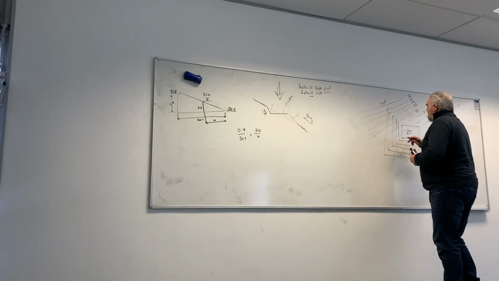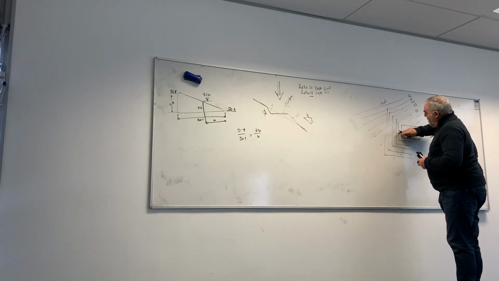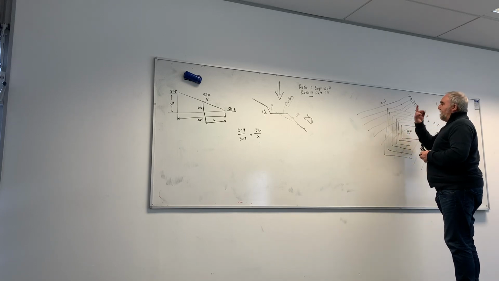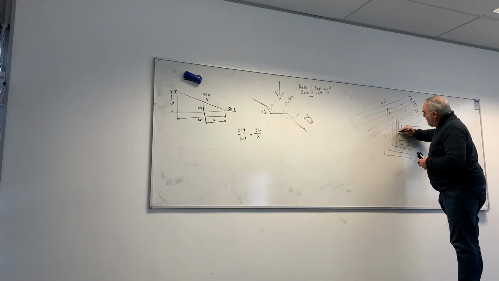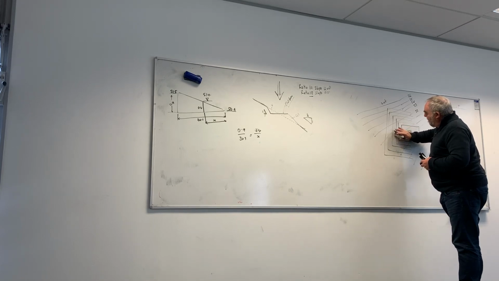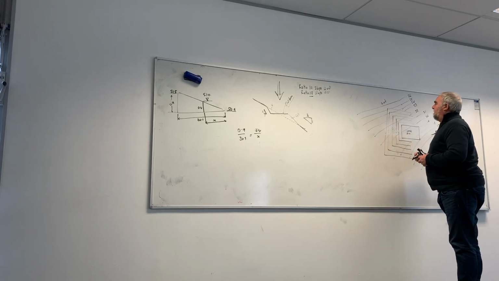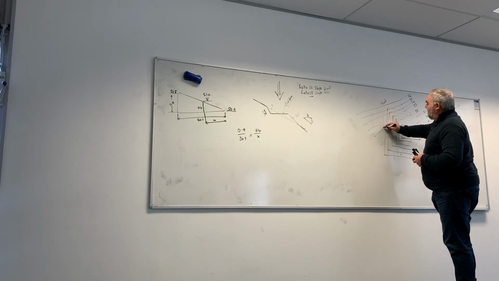So let's label them. We're going uphill, so 21, 22, 23, 24, 25, might even be a 26 here, so we'll put a 26 down there.